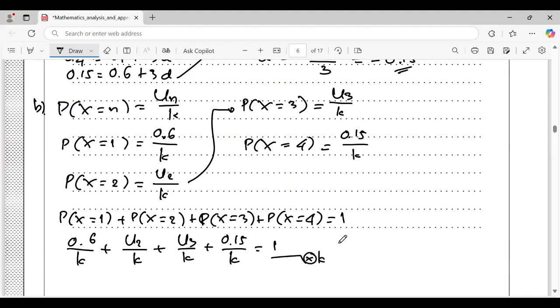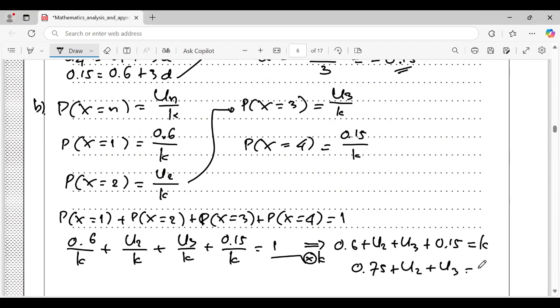If multiply by k becomes 0.6 plus u second plus u third plus 0.15 equal k. For 0.6 plus 0.15 is 0.75 plus u second plus u third equal k.